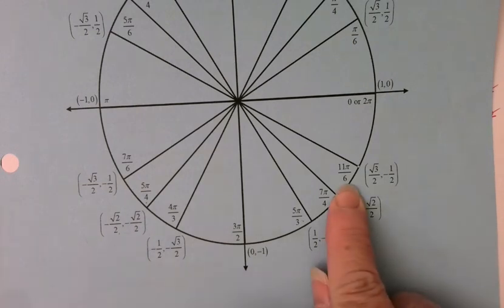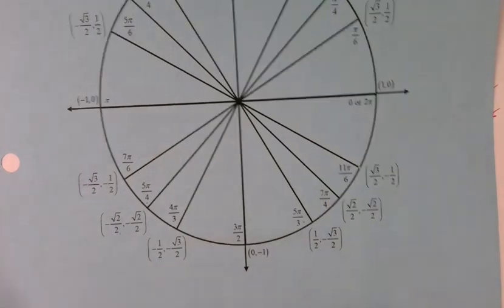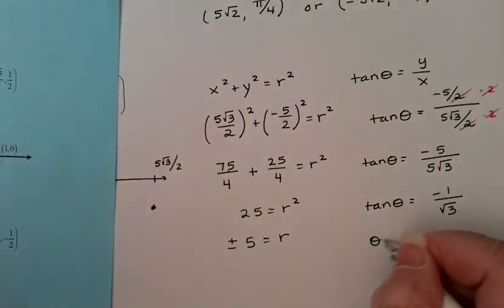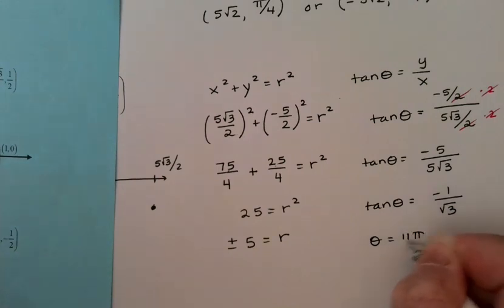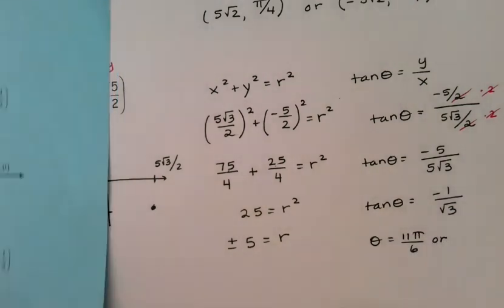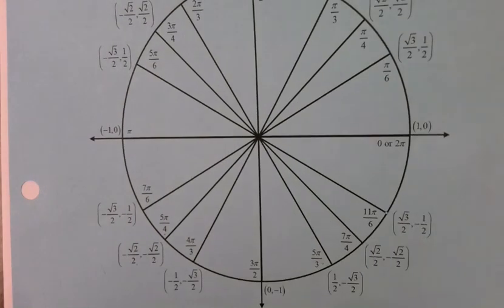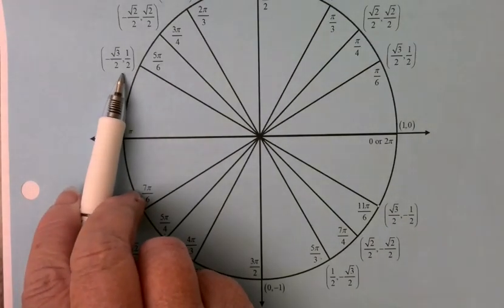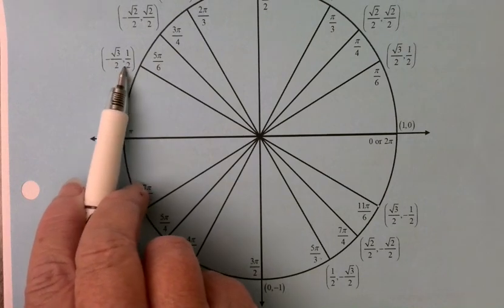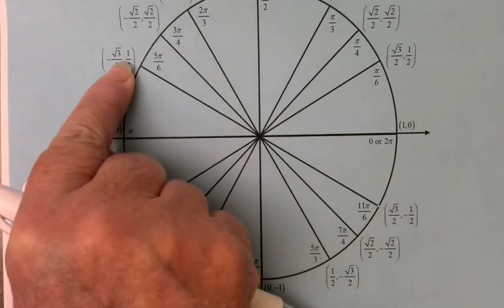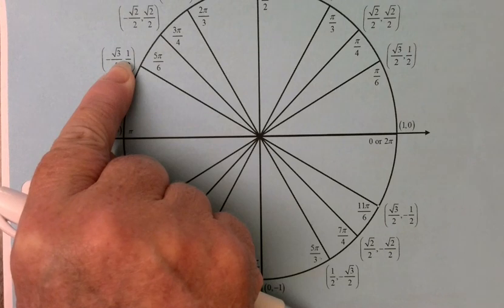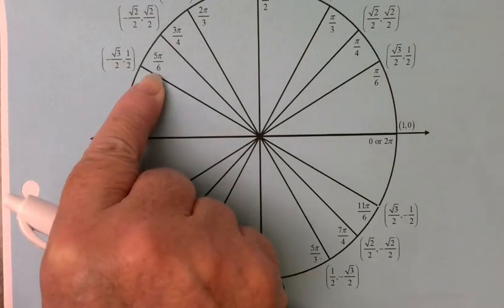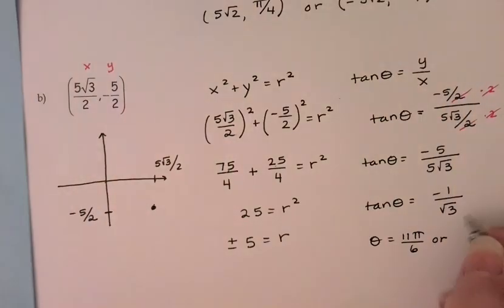So I'm thinking 11 pi over 6. Or, we kind of know now it's going to be the one right opposite, but let's take a look right here as well. Again, when I divide, the 2's are going to cancel out. So I'd have 1 divided by a negative square root 3. So 5 pi over 6 also works.